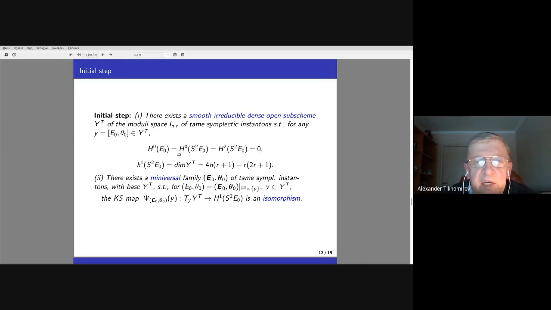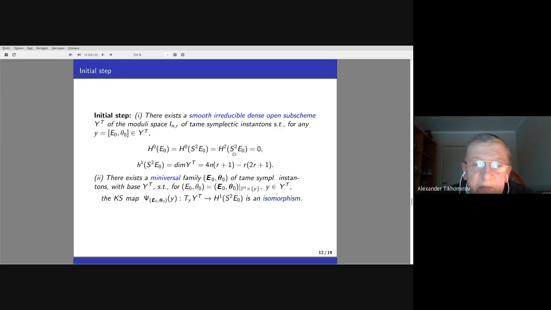Respectively, we check for a general tame symplectic instanton that H0 of S square is also 0. And the vanishing of the second cohomology for a tame symplectic instanton is again enough to check for sums of usual rank 2 instantons.